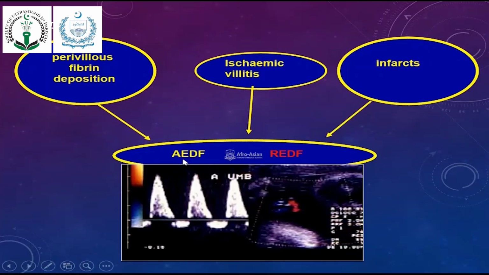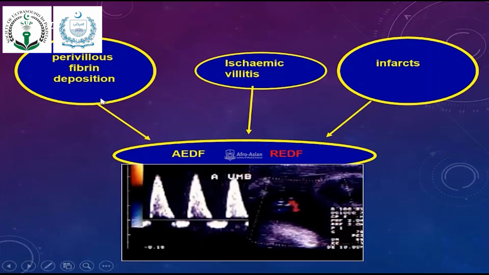Fetus with AREDF, which is absent or reverse end diastolic flow, that indicates hypoxia changing into asphyxia, and asphyxia will result in death because of many factors, out of which there are three main factors.